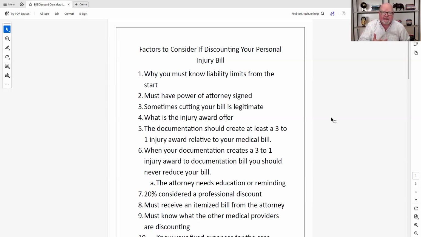If your documentation, your medicals, gives at least a 3-to-1 injury award, so if your bill was $5,000 and it was the only bill, you should have at least gotten $15,000 back, or one of two things has happened. Usually there could be a third one, but typically you've got bad documentation. That's usually number one, 9.9 out of 10 times. You've got bad documentation.